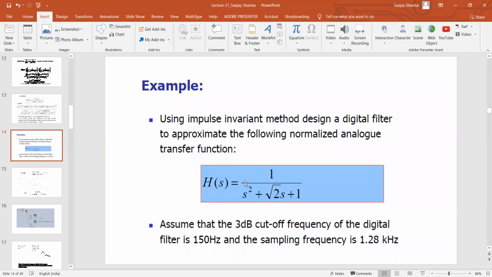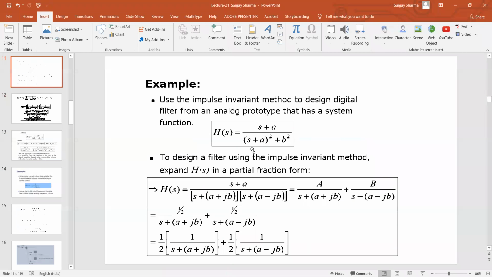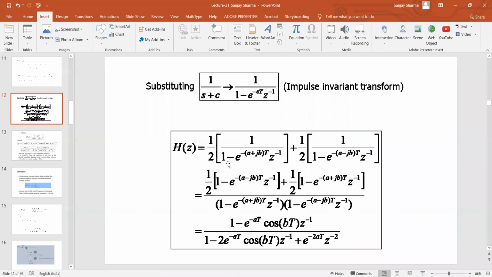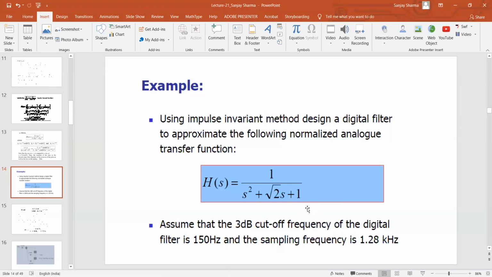You do the partial fraction, you do the inverse Laplace transform like we did here, right? Let me show you. This was the transfer function given. So you took the partial fractions, you then took the inverse Laplace transform, and you obtained this expression. So that's exactly what you are supposed to do here.